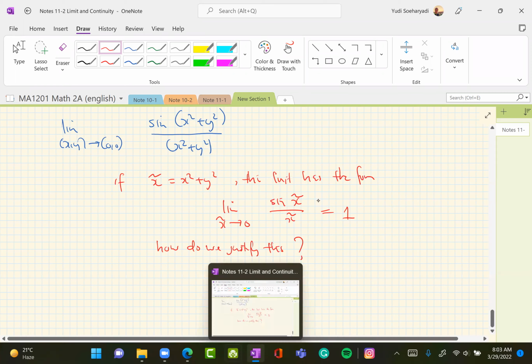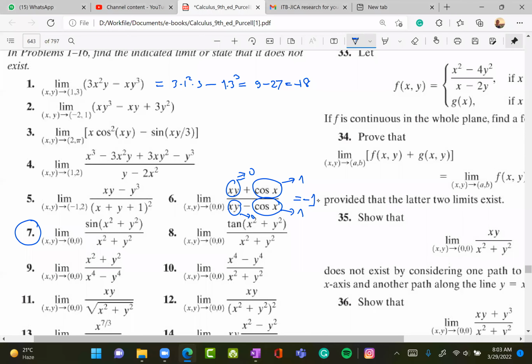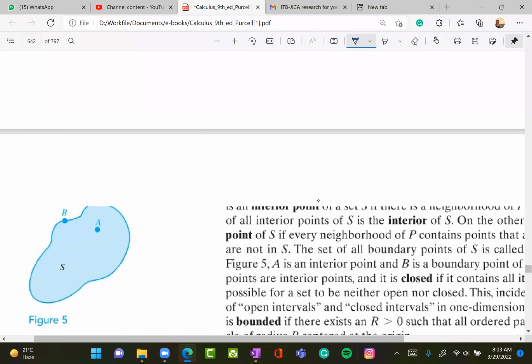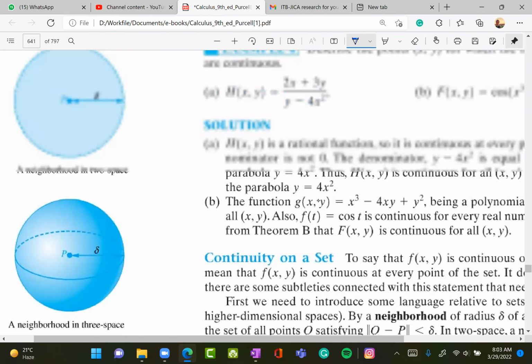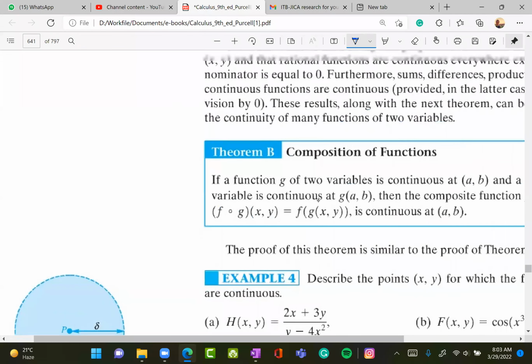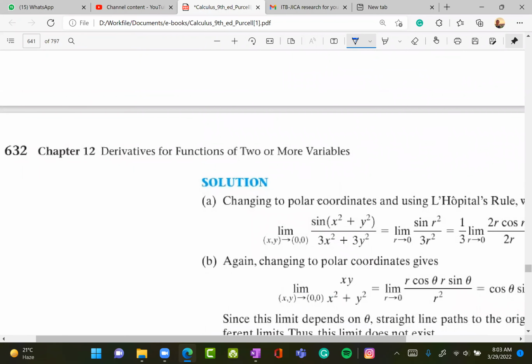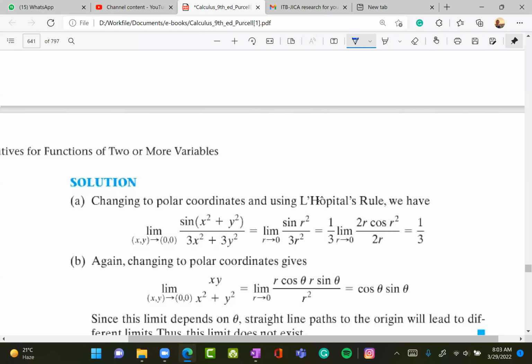Let me just show you this one here. Sine of x squared plus y squared over 3x squared plus 3y squared.